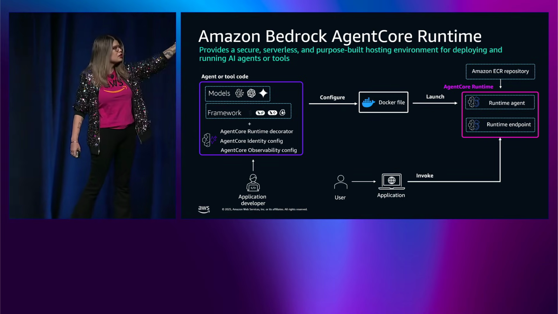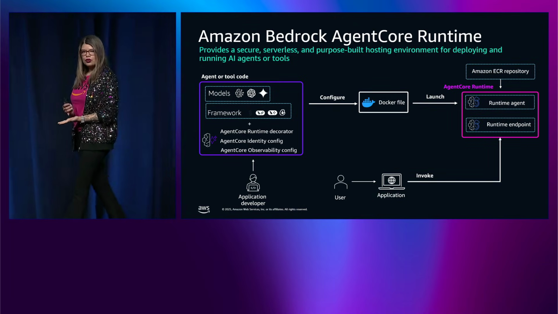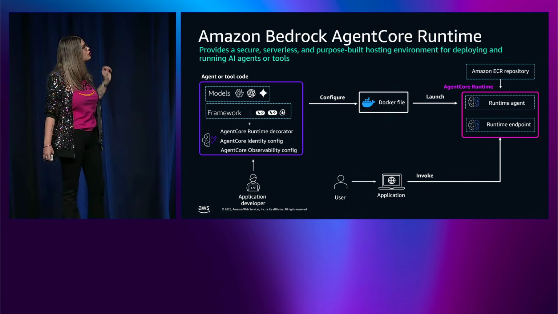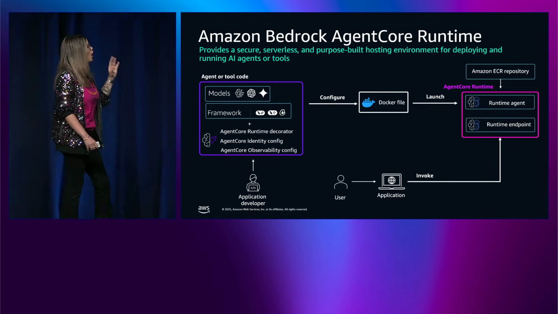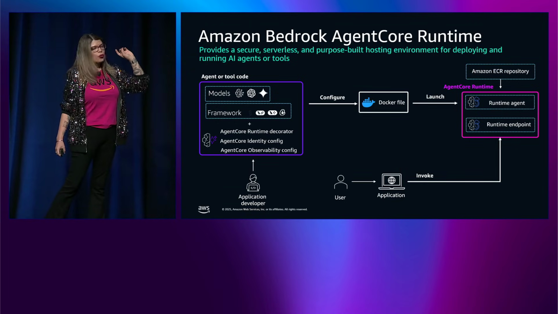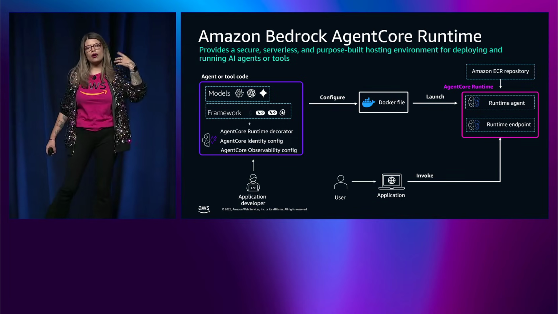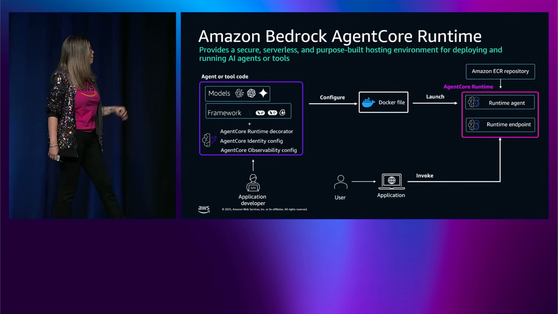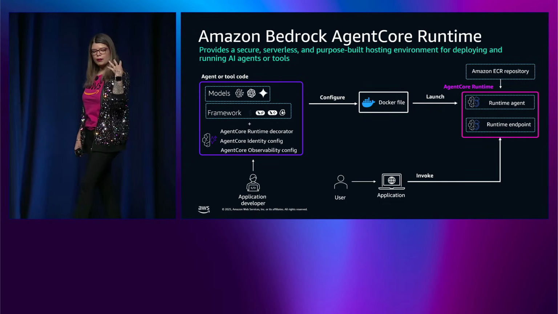This will be packaged into a Docker file, and the image of the Docker file will be registered in the ECR, the Elastic Container Registry repository. When we make a request for the agent, the runtime will be launched. Inside the runtime, we have the agent, with the instructions, the logic, the framework, and the model.